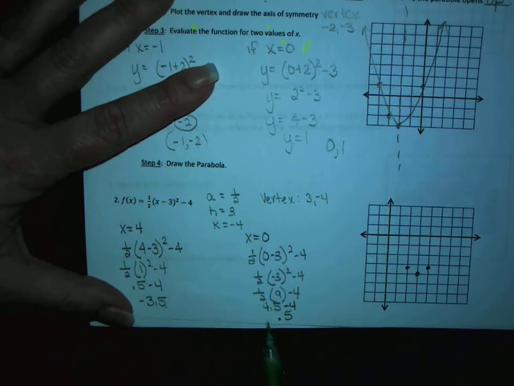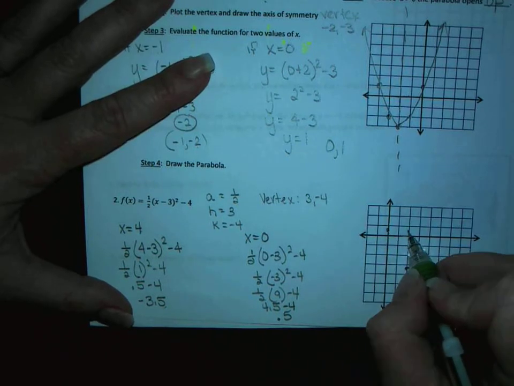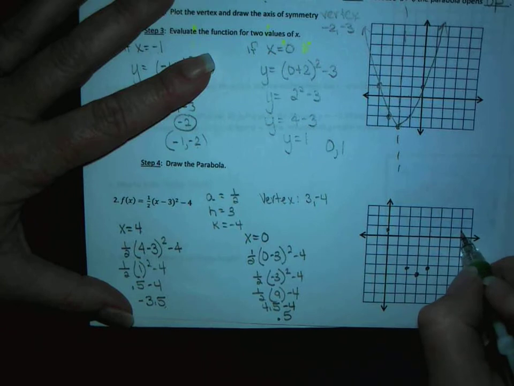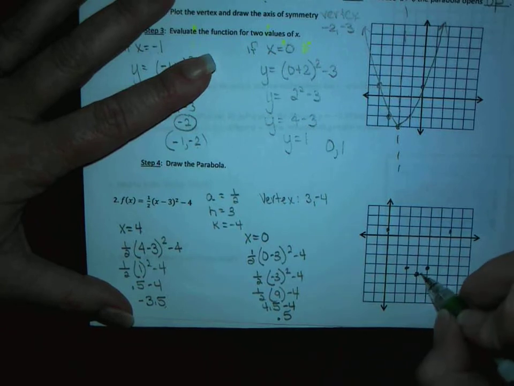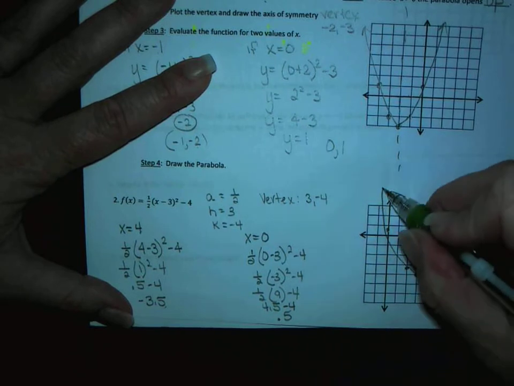So when x is 0, y is positive 1/2, so 0, 1/2. There's my mirror image. Draw my graph. And there you go.